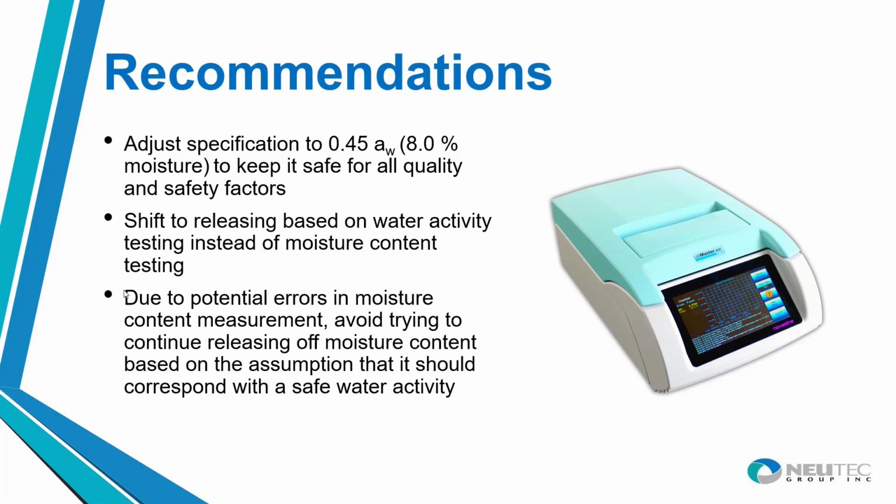And that, of course, has to be monitored with a water activity test using a water activity instrument, again, that Neutec provides. And due to potential errors and problems that could come from trying to release off of moisture, it was our recommendation to avoid releasing off moisture content, because it could potentially set them up for a failure.